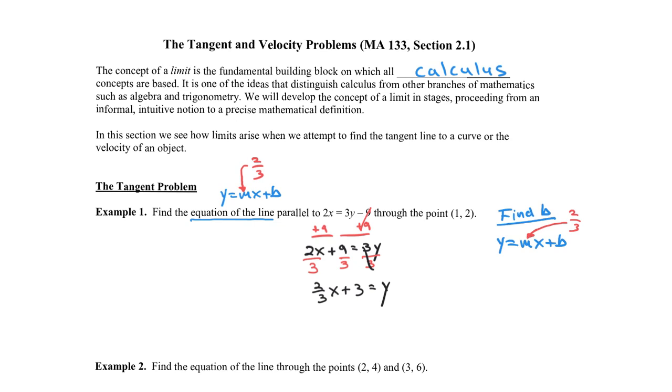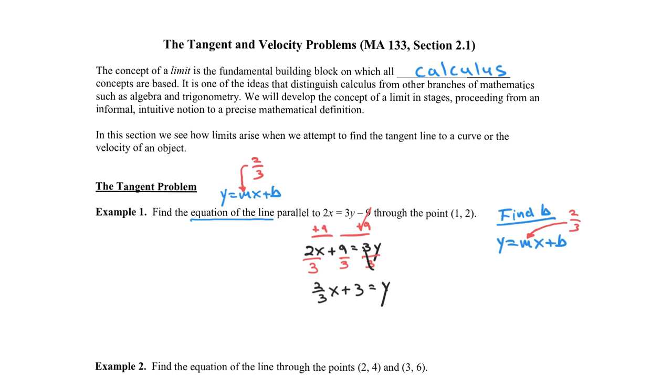Remember that if this point is on our line, then this point would satisfy our equation. So if I plug in 1 for x and 2 for y, I should get a true statement when I solve this, and that's going to allow us to find b.